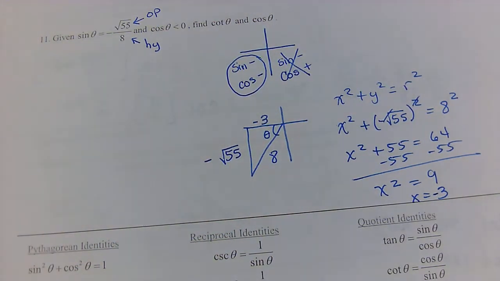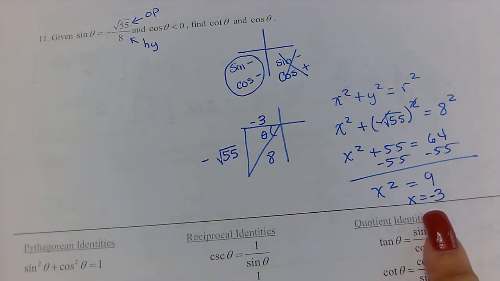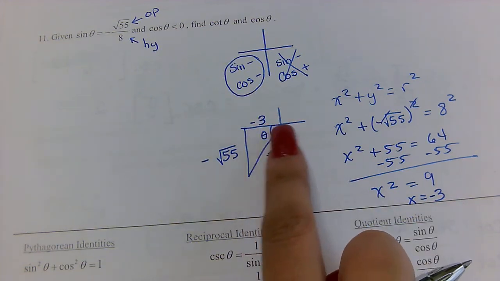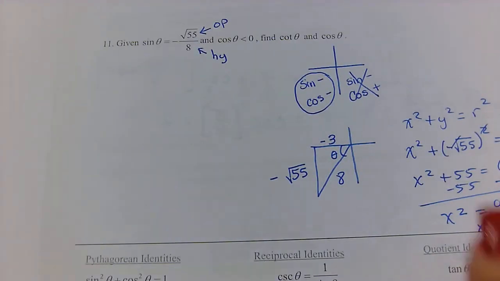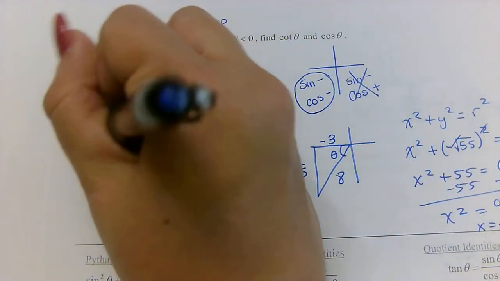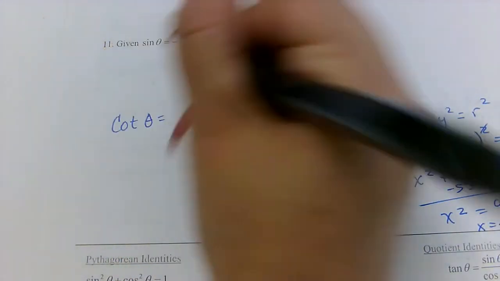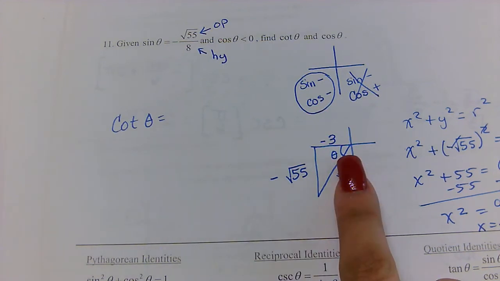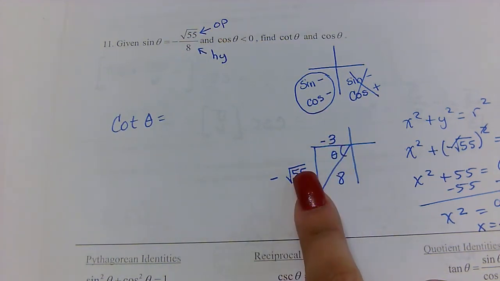This is why it's important to draw your triangle in the correct quadrant to begin with. Otherwise, you may have chosen x to be positive when clearly here x has to be negative. So let's go ahead and do cotangent. If you remember, cotangent is going to be adjacent over opposite.